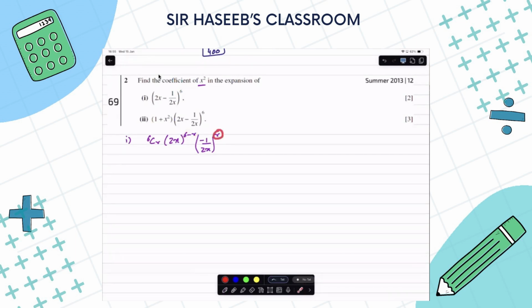Because if this is r, then this is basically 6 minus r.